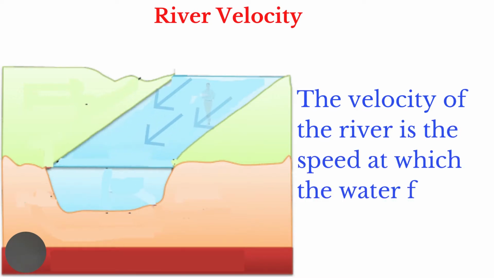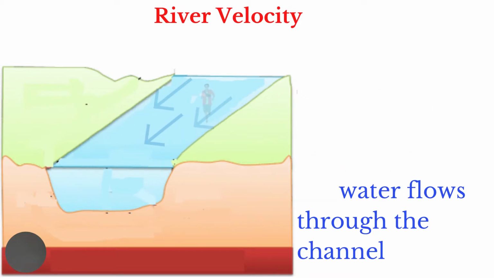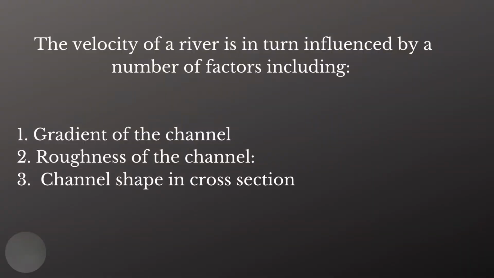Now, not only are we interested in the pattern of flow, we are also interested in the rate of flow. Thus, we can talk about the velocity of the river. The velocity of the river is the speed at which the water flows through the channel. The velocity of the river is in turn influenced by a number of factors.